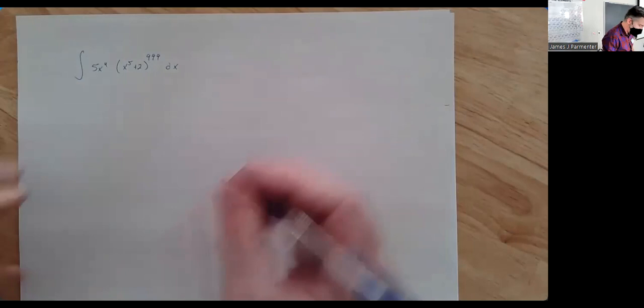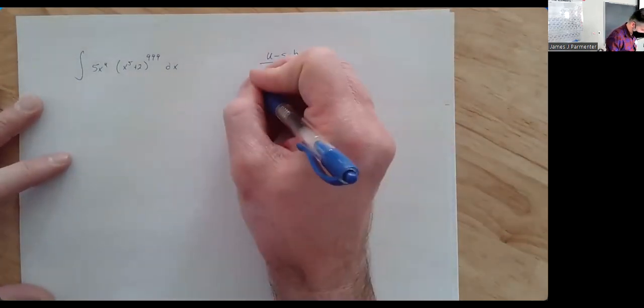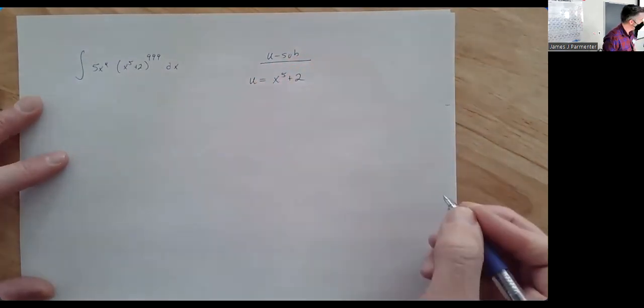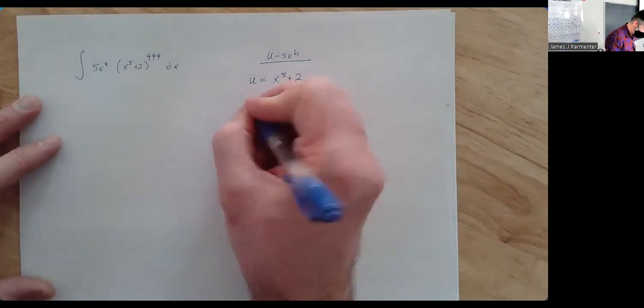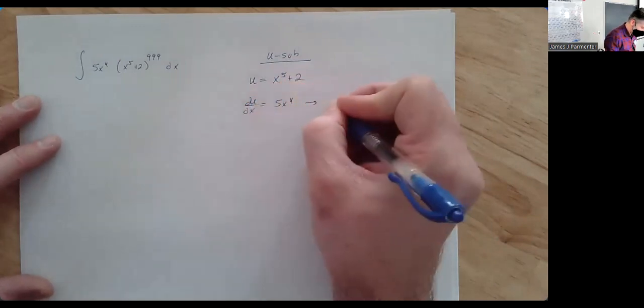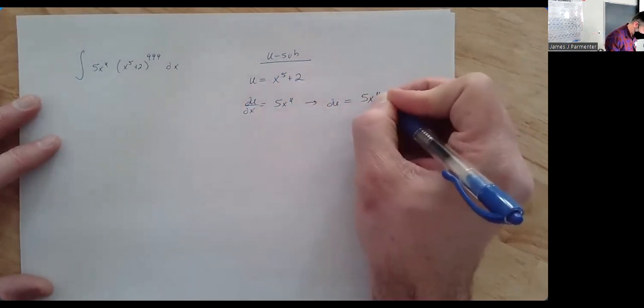What we want to do here is say, oh, there's a great u-substitution. We're going to make the same choice. u is going to be x to the 5th plus 2. Our derivative, du dx, is 5x to the 4th. So du is equal to 5x to the 4th times dx.